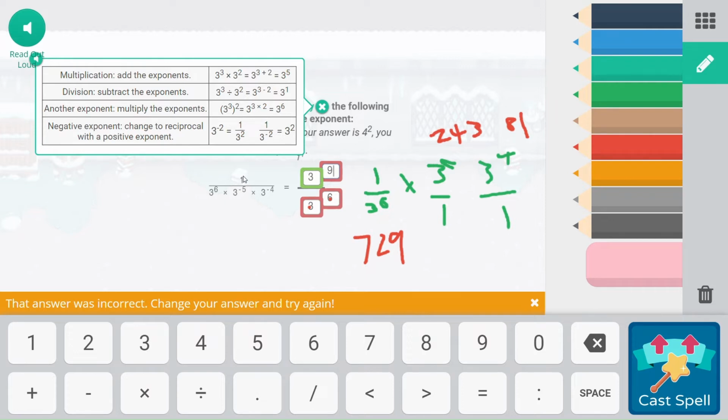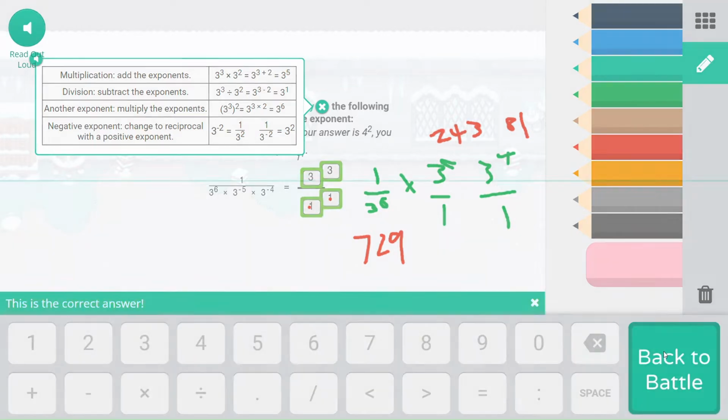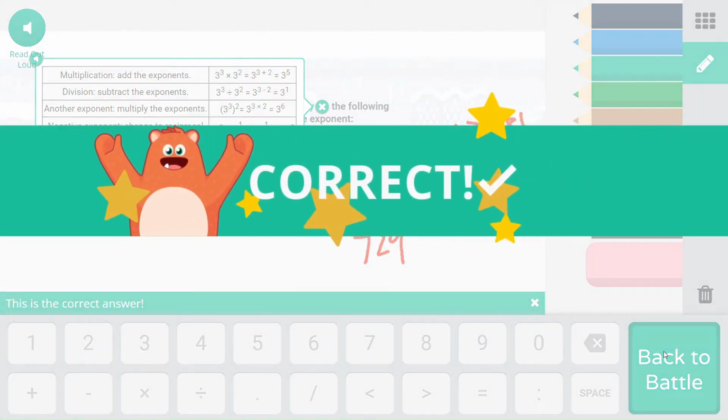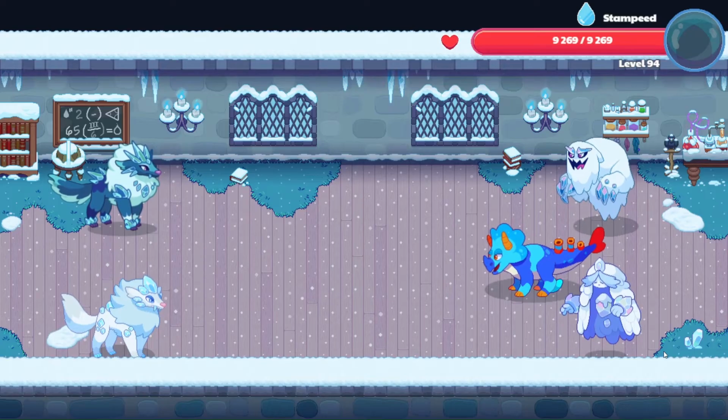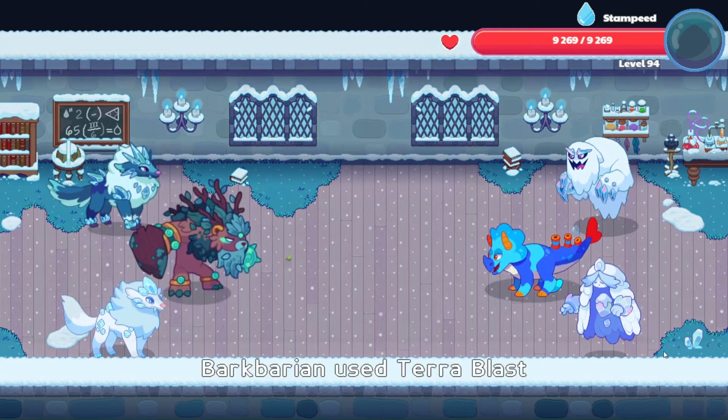So you know what, maybe we go ahead and do 3 to the third. I'm just going to do 1 to the... And then go ahead and simplify it like that. Let's cast a spell and see. Okay, so that's what we did. We needed to simplify a little further for this. Here we go.